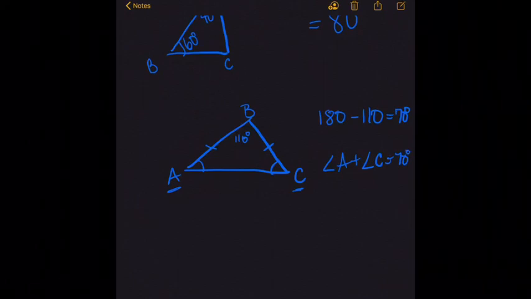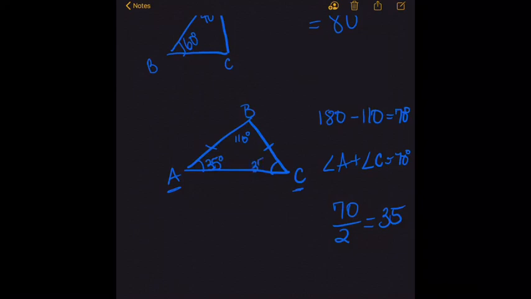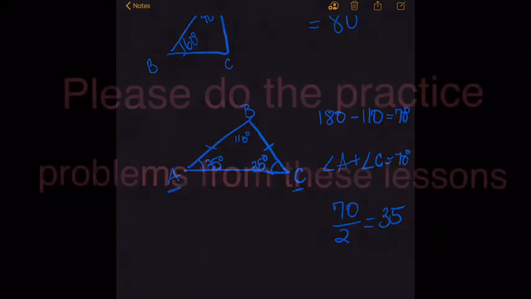We also know that angle A is congruent to angle C. So if we divide 70 by 2, that is the measure of each angle, 35 degrees. Okay, I'm going to let you guys finish the rest of this.